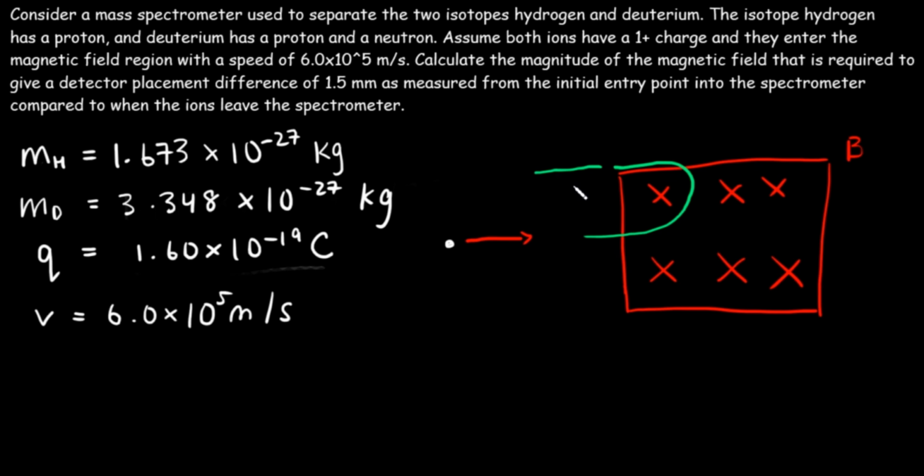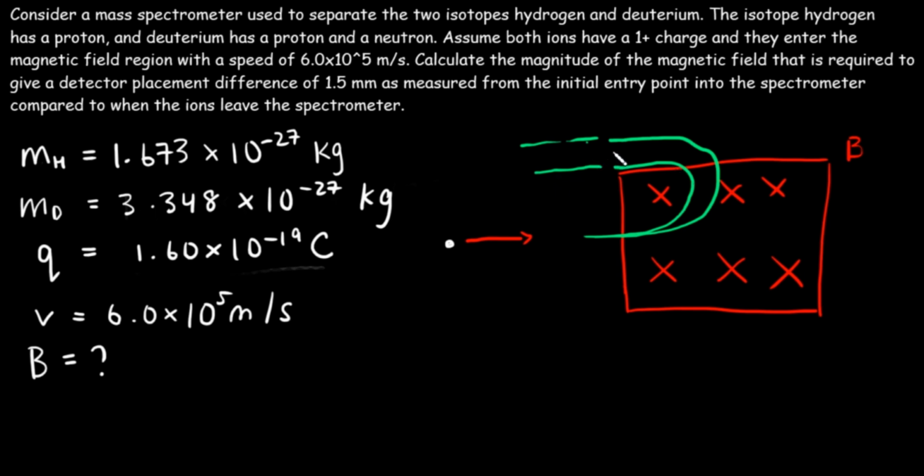Okay, so calculate the magnitude of the magnetic field. The magnetic field is given by B, and that's what we want to calculate, to give a detector placement difference of 1.5 millimeters. This means the isotope is going to get split. First it's one dot, and then it's going to be split into hydrogen and deuterium. One of them is going to go like this, and one is going to go like the one that I just drew.